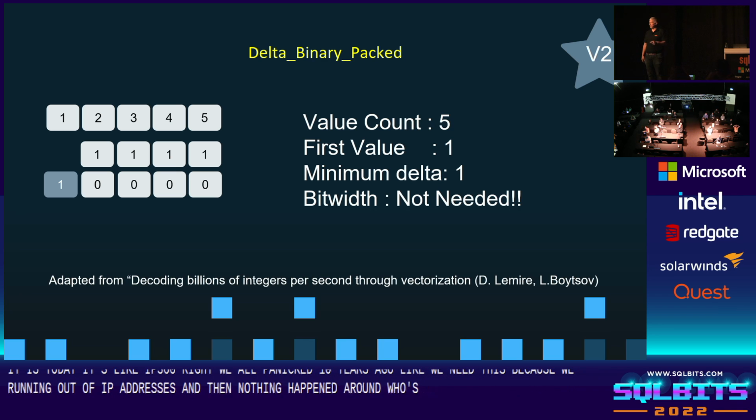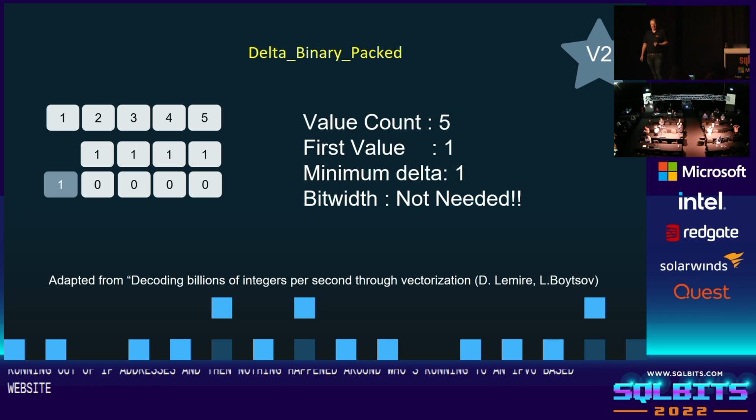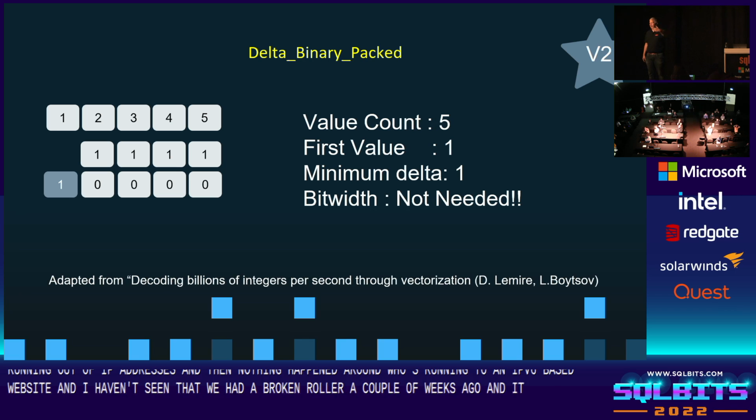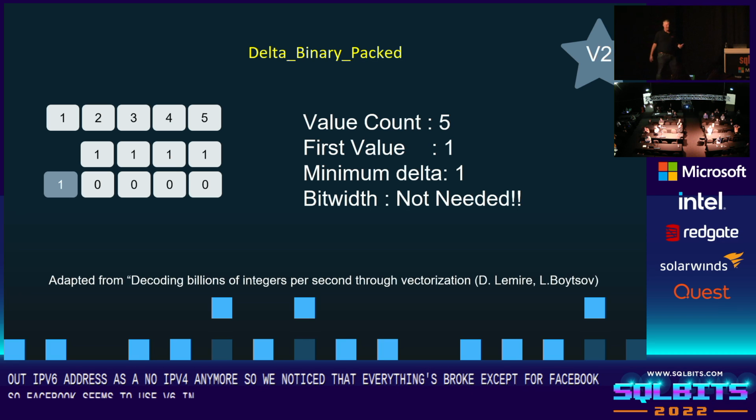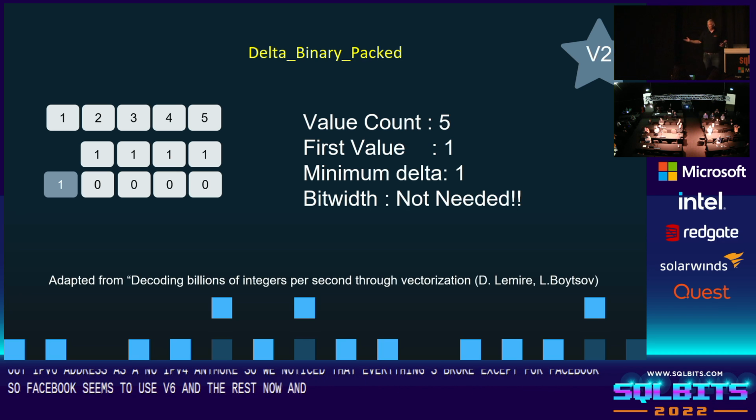Who's run into an IPv6 based website? I haven't. You've seen one? Okay. I've seen it. We had a broken router a couple of weeks ago, and it only handed out IPv6 addresses and no IPv4 anymore. So we noticed that everything broke except for Facebook. So Facebook seems to use v6 and the rest not. And who uses Facebook these days? Anyway.